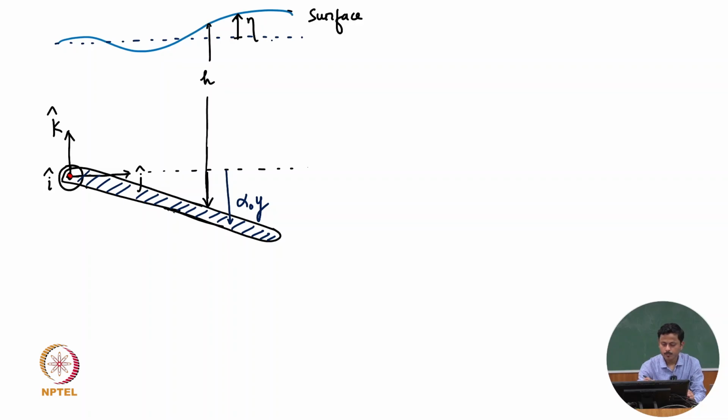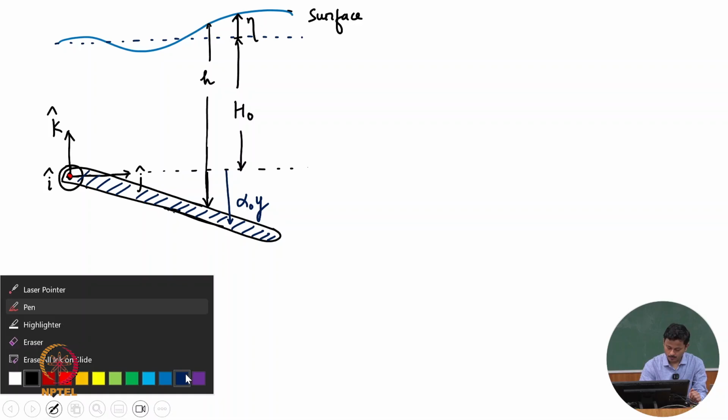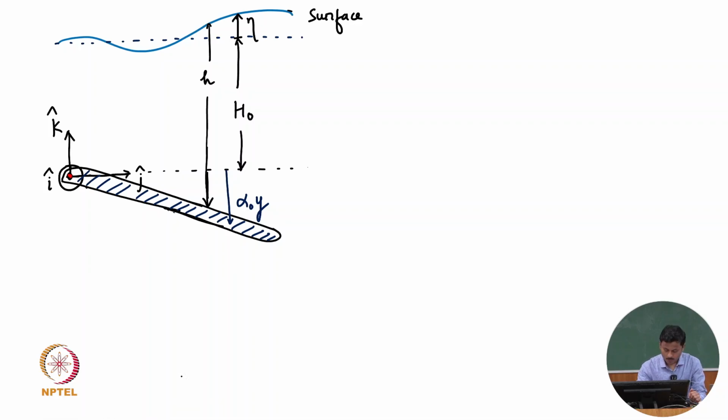This is eta, and this is h naught. So in this case, the total height is equal to h naught plus alpha naught y plus eta.